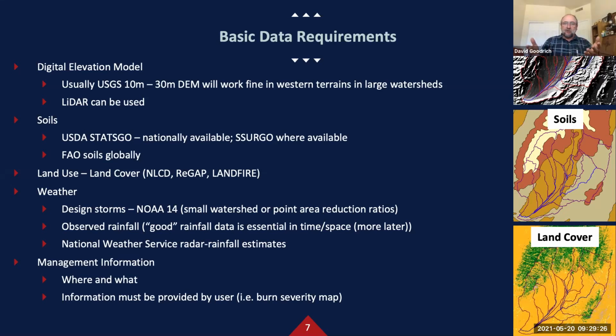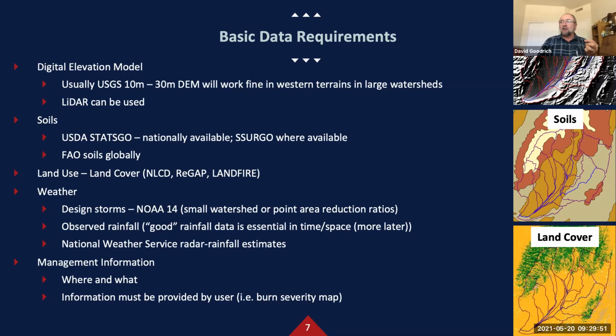For weather to drive the storm, you can go to the NOAA Atlas 14 website and get design storms for various return periods. And those are good for inputs to smaller watersheds. And if you get larger, you can use a point area reduction factor. You can use observed data.